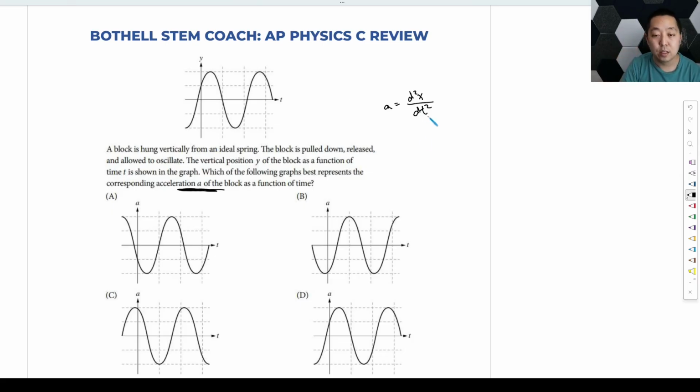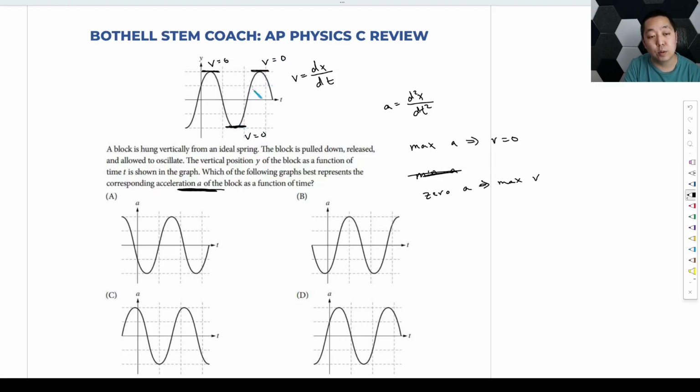Remember, it has the max acceleration when the velocity is 0, and it has the min acceleration or zero acceleration at maximum velocity. The velocity would be the slope of this graph here, right? So the velocity is 0 at this point here and here. That's where it has the most acceleration.